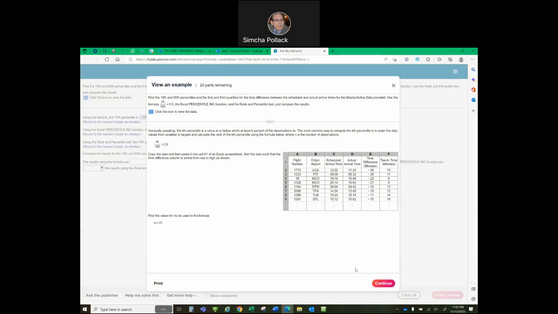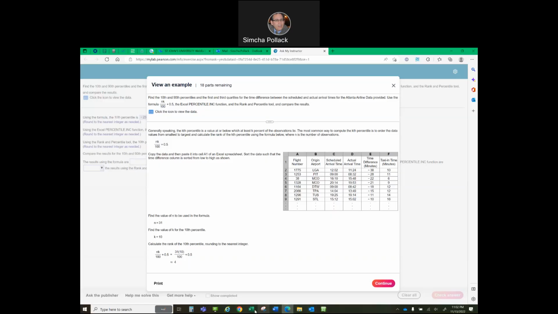If you multiply 31 times 10 divided by 100, it's 3.1, plus 0.5, which is part of the formula. That comes out to 3.6, and you round it because you're counting places, as you'll see in a second. That's the 4th number.